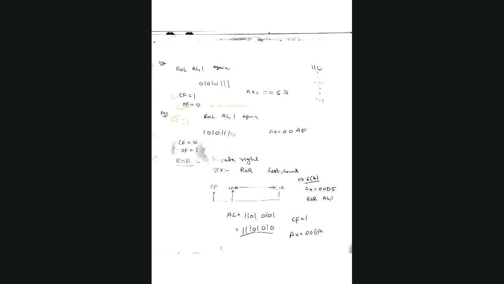But now when this 0 comes here, 1 will be erased and you get carry flag as 0. Then this is the remaining number from 1010. And this 0 will come here. So this will be 1110. So this will be AE. Yeah, A and E. This is the correct answer.